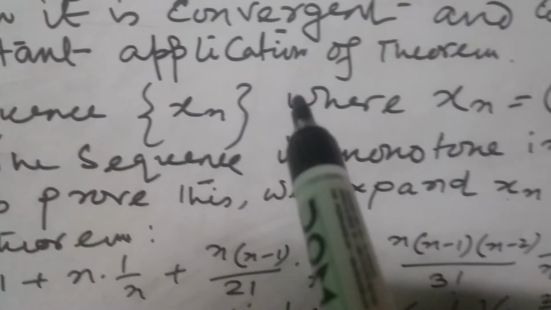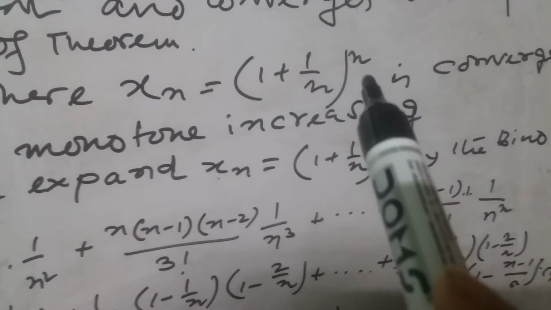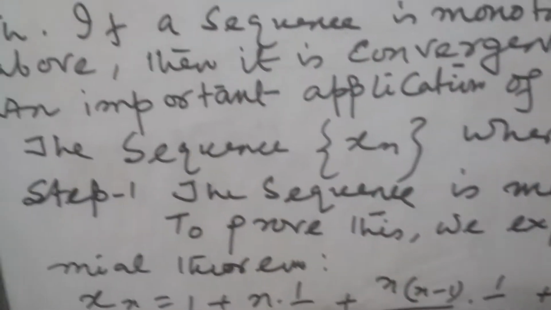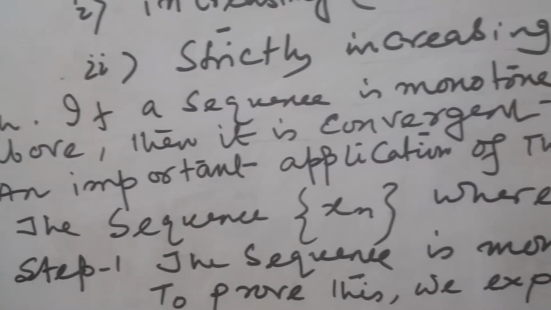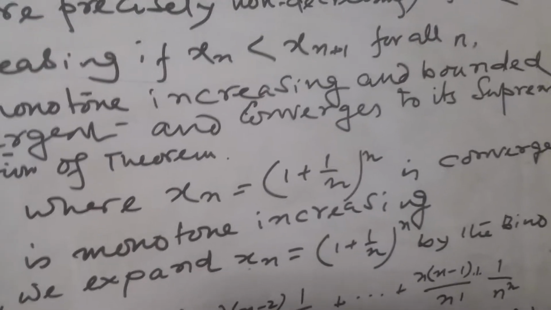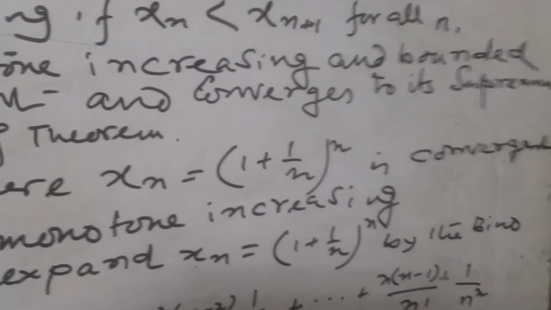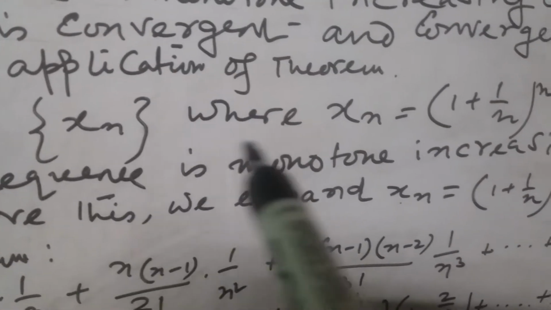An important application of this theorem: let xn equal 1 plus 1 by n, to the power n, is convergent. I have to show this. This is the application of that theorem. If a sequence is monotone increasing and bounded above, then it is convergent, and converges to its supremum.